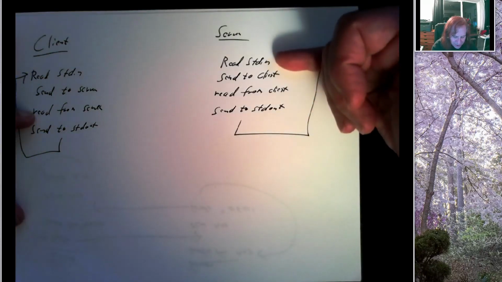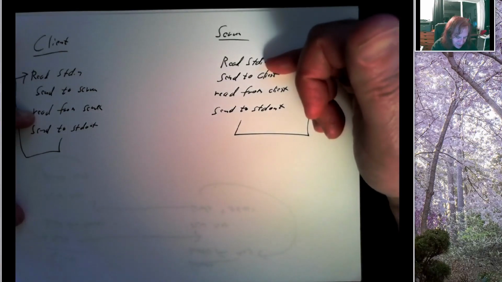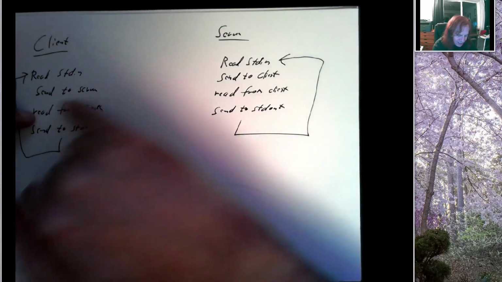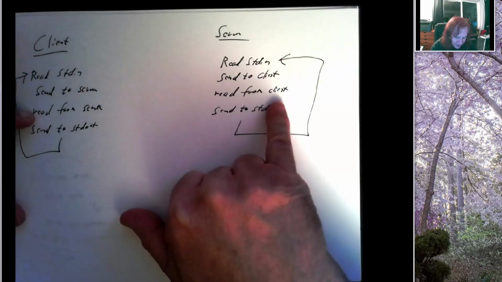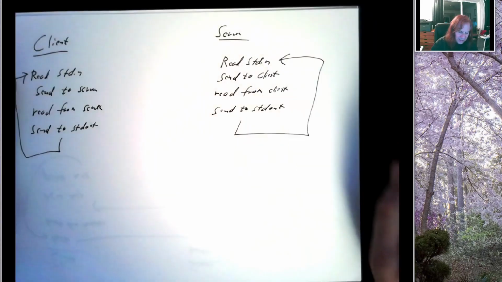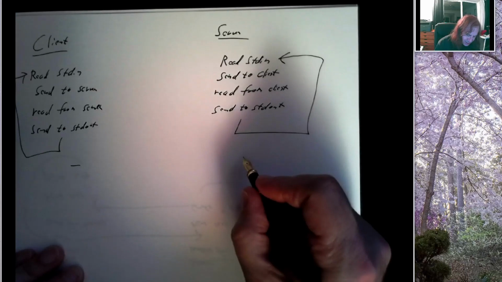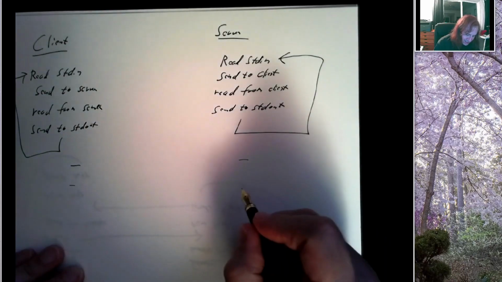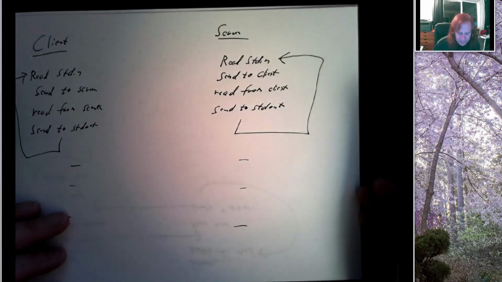And if the server has gone away to make coffee, the first message that the client sends never appears, because the server code does not read from the client until it's finished reading from standard in. So this only works if the client sends a message, the server sends a message, the client sends, the server sends, and you move in this kind of lockstep.